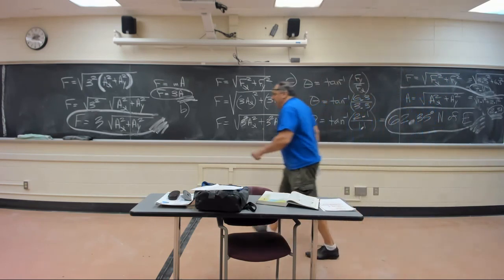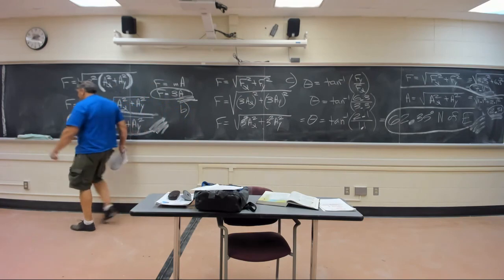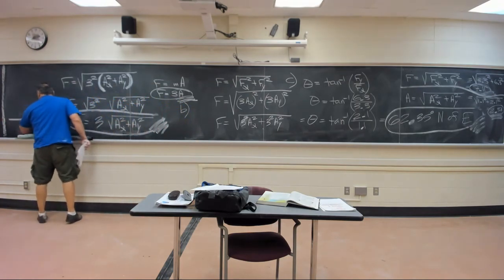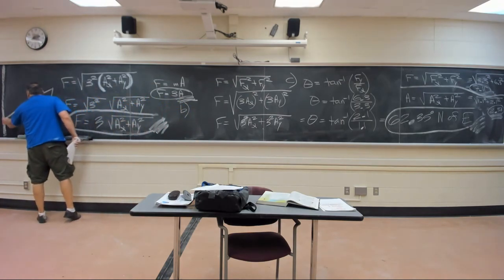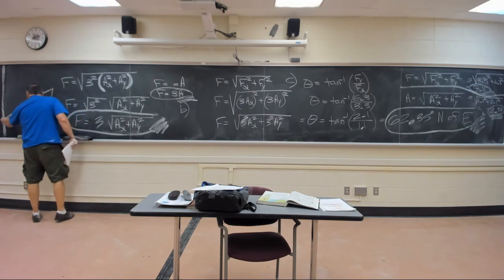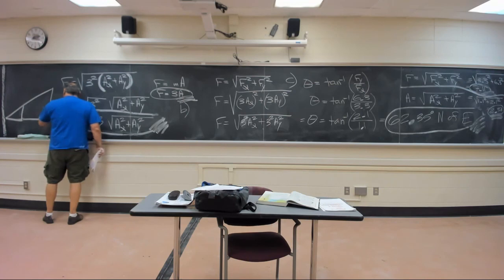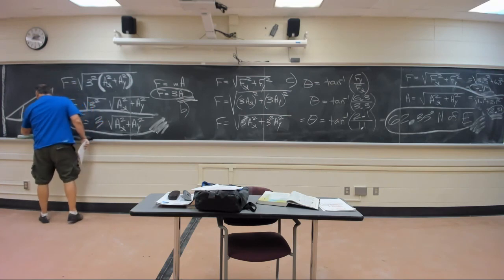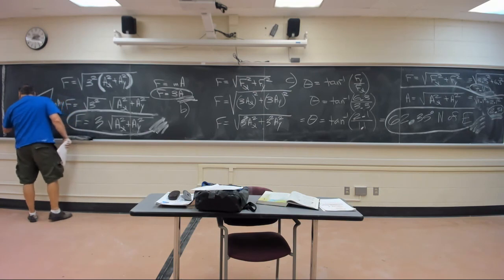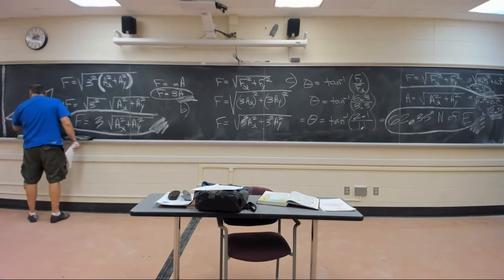It's one big triangle. Here's the F triangle. Here's the A triangle. This is M times AY. This is M times AX. This is AX. This is AY.